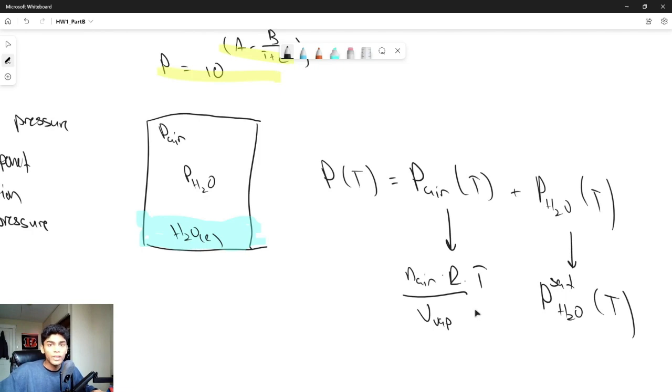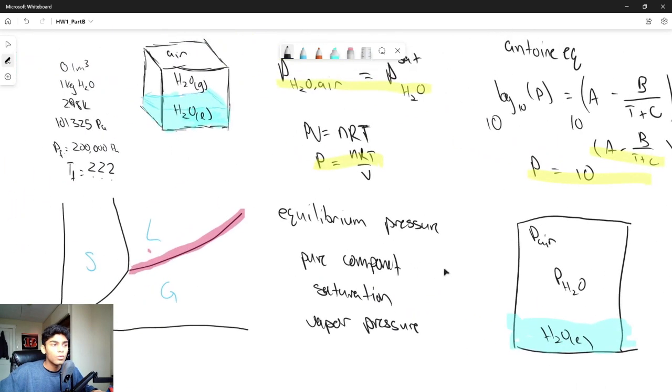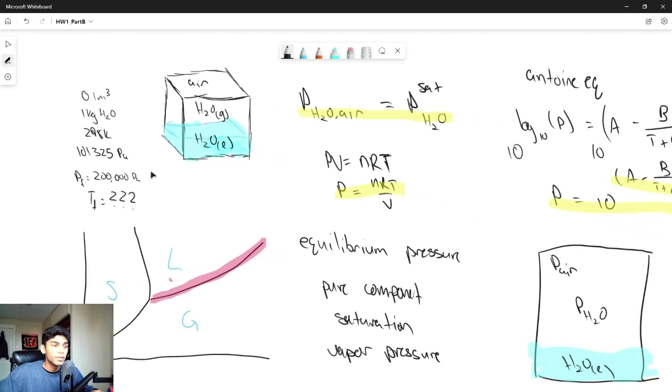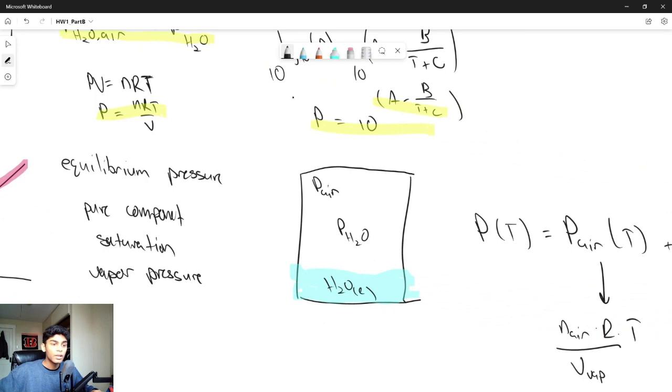We kind of know what that is already, because if we look over to our givens, we see that we have 1 kilogram of H2O. This entire container is 0.1 meters cubed. If we run some calculations, we find that the liquid phase only takes up 0.001 meters cubed, and the vapor phase takes up 0.099 meters cubed.